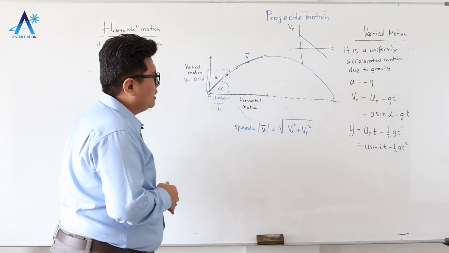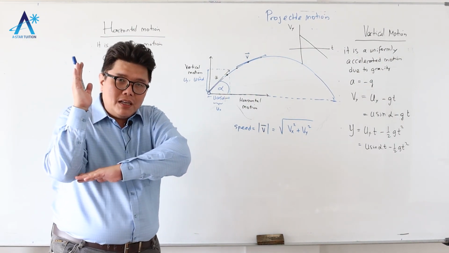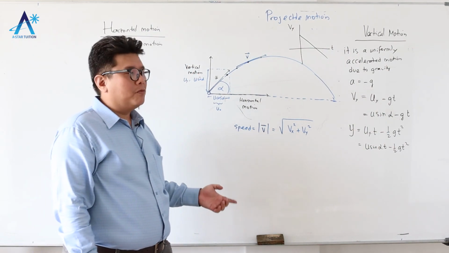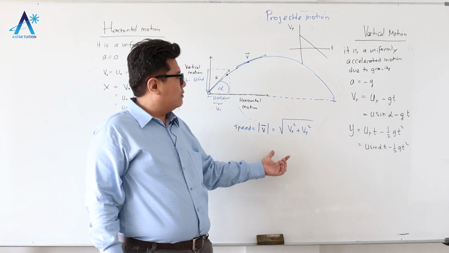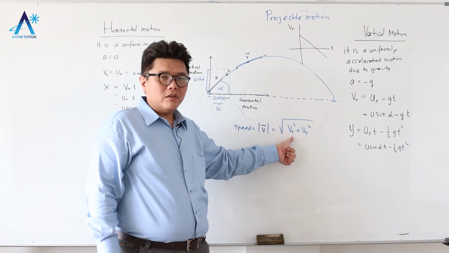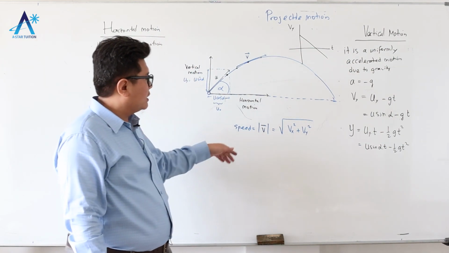The reason we can do that is because vx and vy are perpendicular to each other, so you can use the Pythagorean formula to find the speed. That's the square root of the square of the horizontal component plus the square of the vertical component.